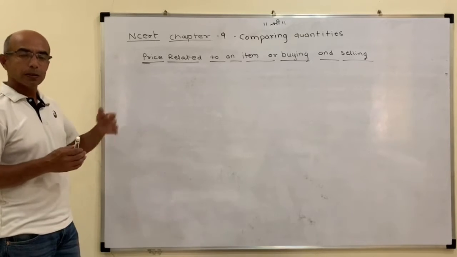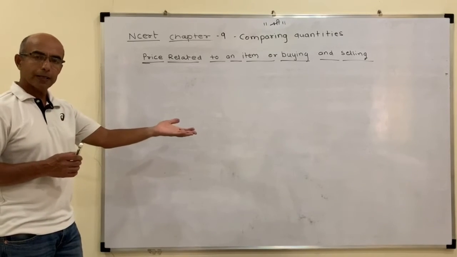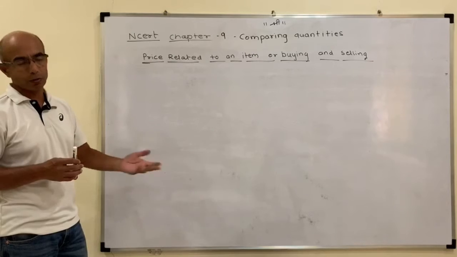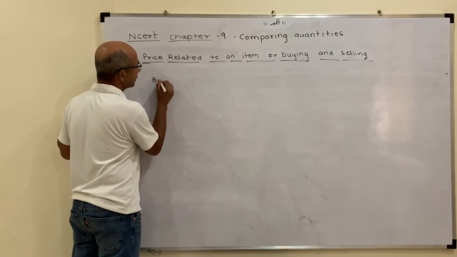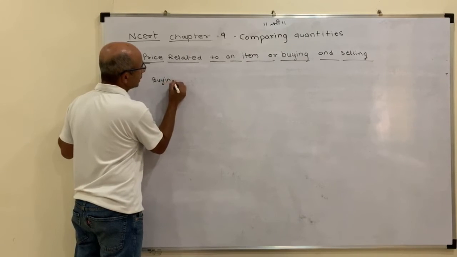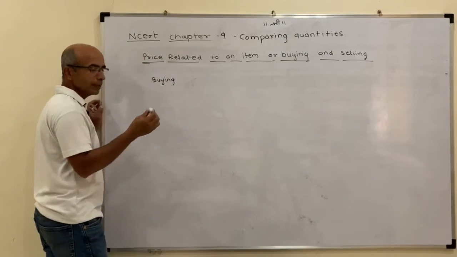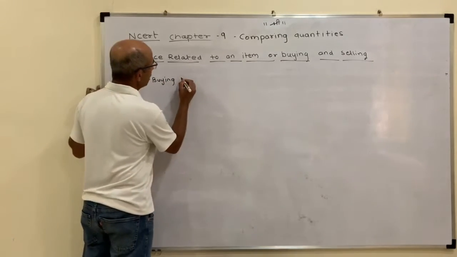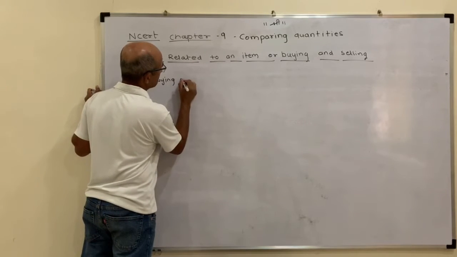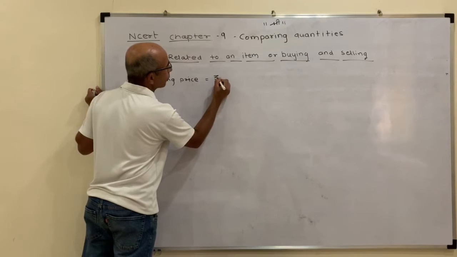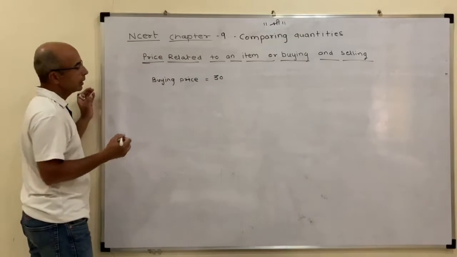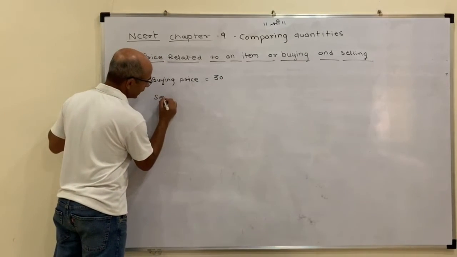The price related to an item buying or selling. Here again, previous price, next price, difference, profit or the loss. Say a buying price. Say I bought this pen for 30 rupees. Then selling price.